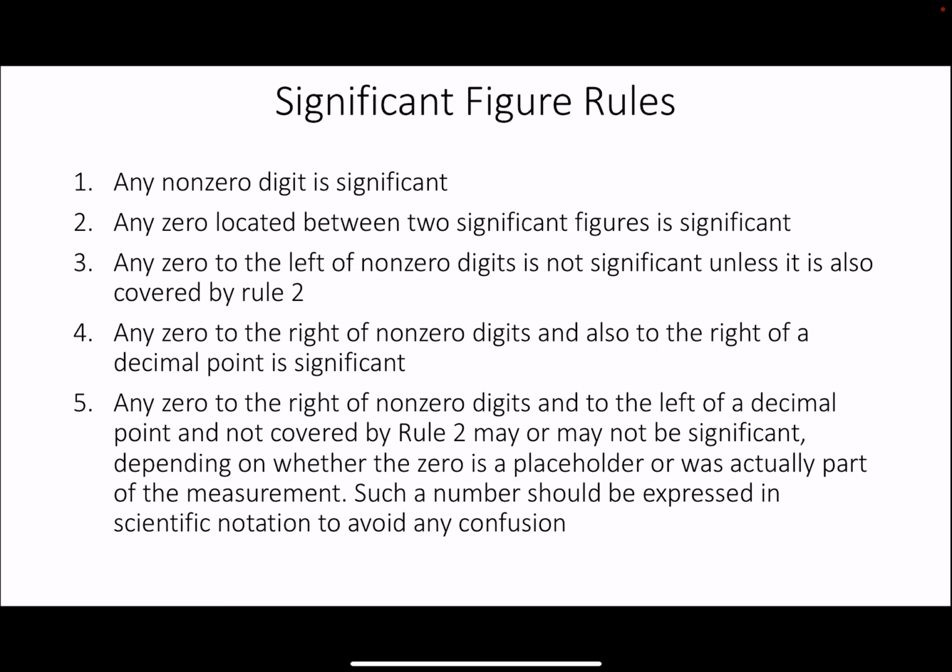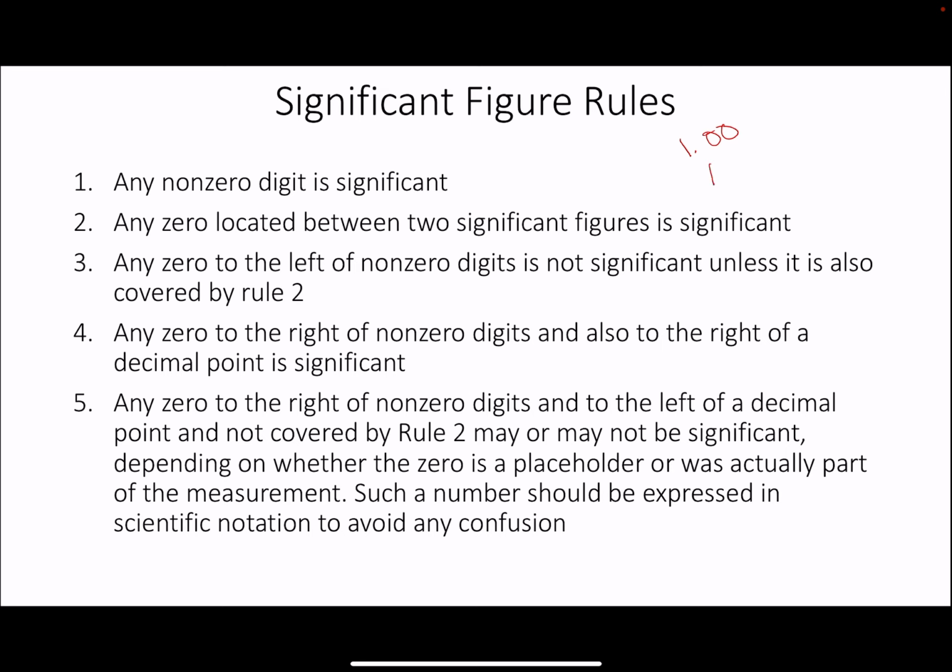So for rule 3, you can think of things like 0.1. The 0 is not significant. Any zero to the right of non-zero digits and to the right of a decimal point is always significant. So if I were to write a number on the board that was, let's say, 1.00, I'm indicating some meaning to you by putting that 00.